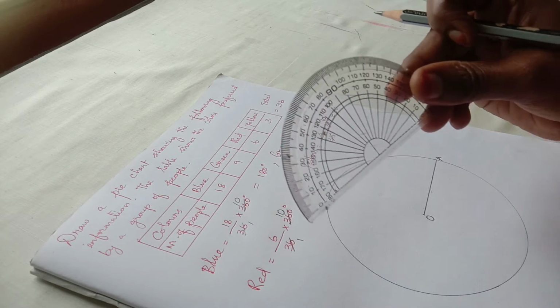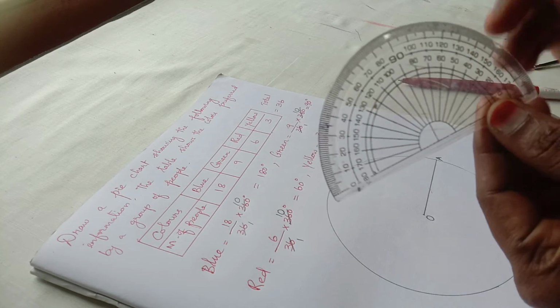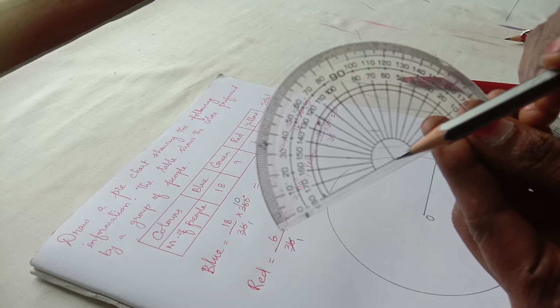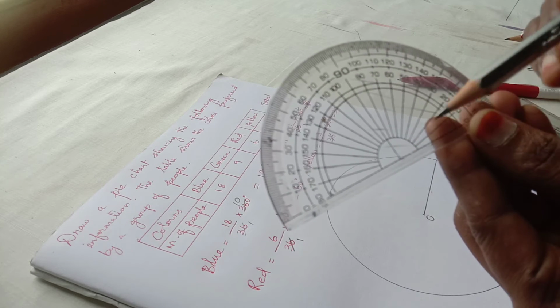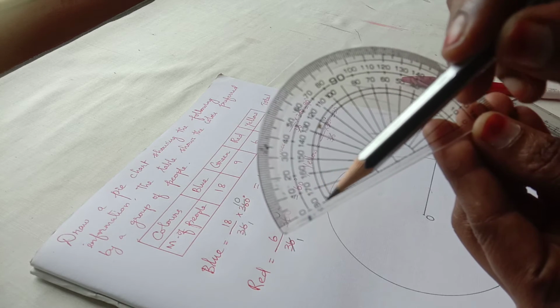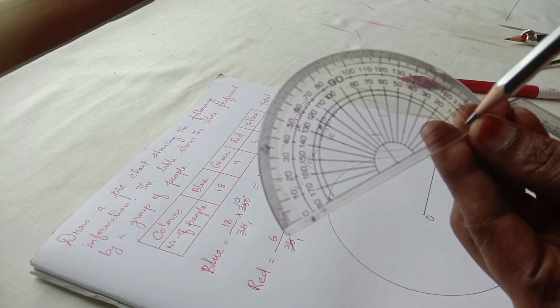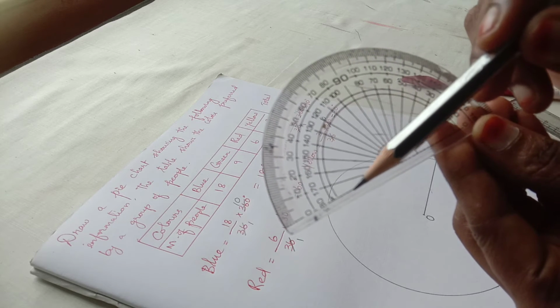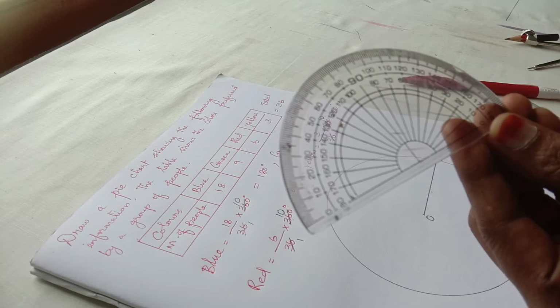Take the protractor, and we know very well this is the center of the protractor. This point is the center of the protractor, and this is the zero line of the protractor, the horizontal line or baseline of the protractor.